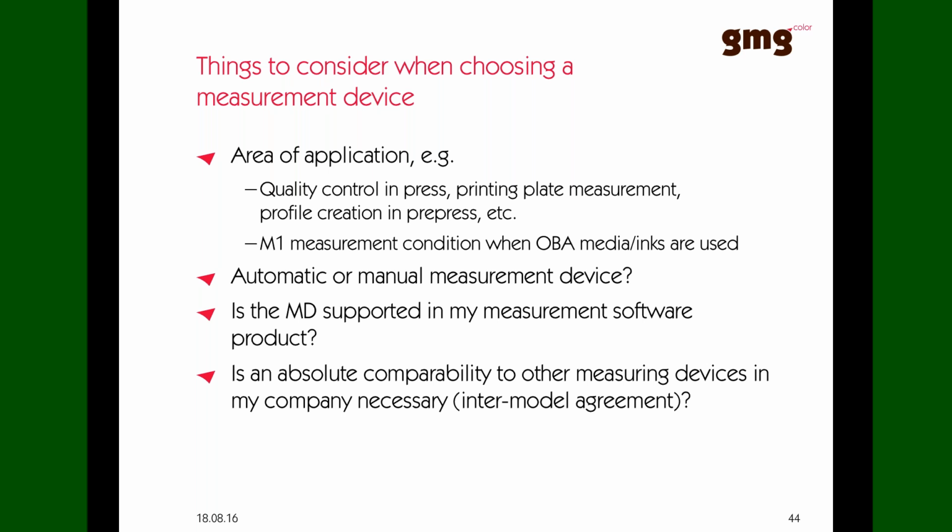What's the main intent of this measuring device? Then you have to consider if you need the M1 measurement condition. If you have OBA media, so media that contains optical brightening agents, or inks that have OBAs, then it is definitely recommended. Most of the new measuring devices that will come out also support M1, so this is definitely the future of measurement.